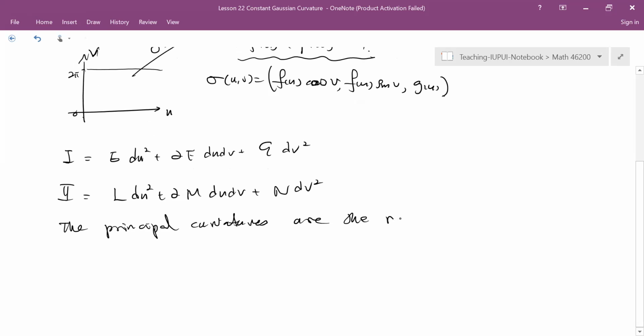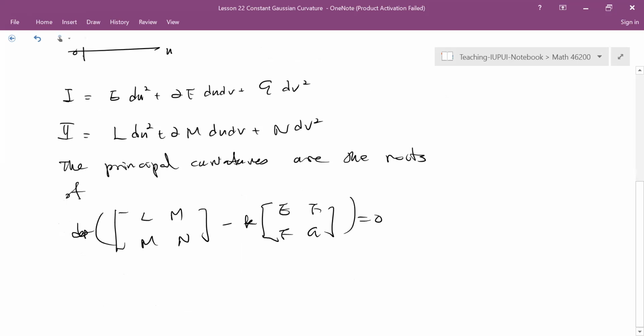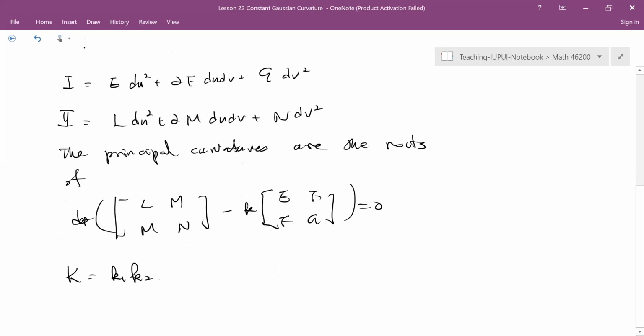The principal curvatures are the roots of the following matrix equation: the matrix L, M, M, N minus K times the matrix E, F, F, G, with determinant equal to 0. The Gaussian curvature is K1 times K2, and there are two formulas here.